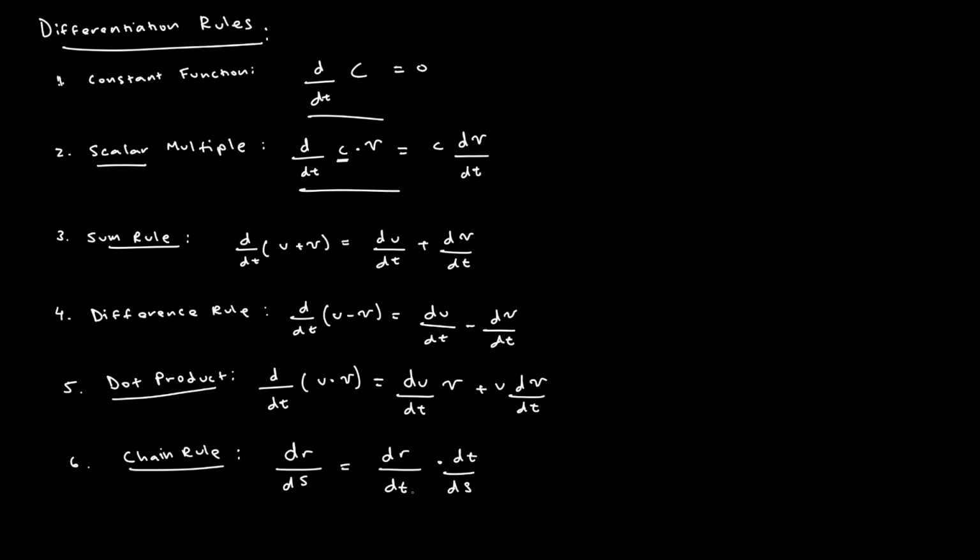So we have seen this one before as well. And I think one important thing is that this vector product is the dot product, not the cross product of two vectors. So that was some of the differentiation rules.